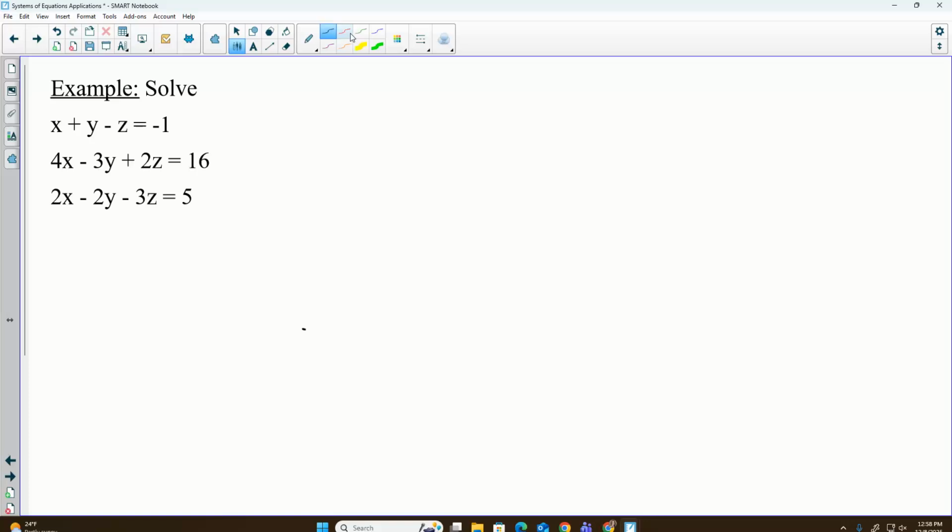So let's say I wanted to start with the first two equations. I need to eliminate one variable in there. Which variable do you want me to get rid of? X. Okay, so to eliminate x, I would take the first one times, and we left the second one alone.